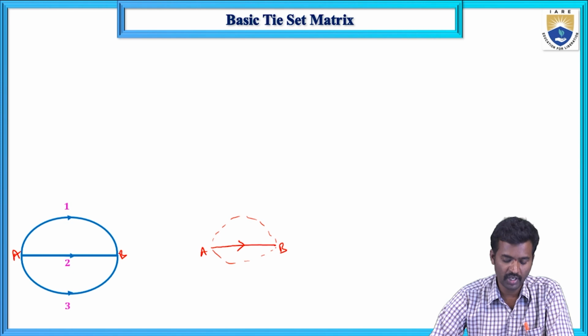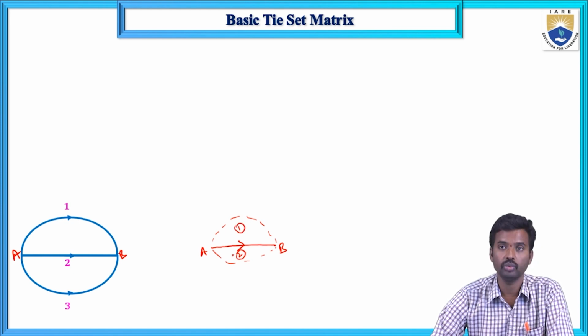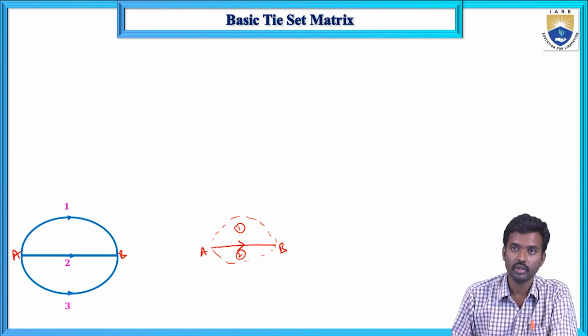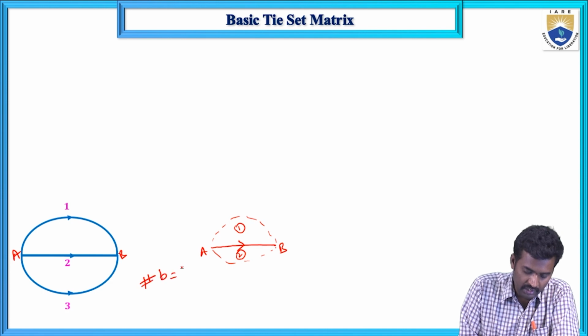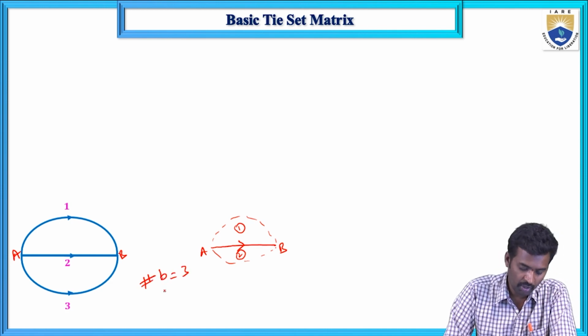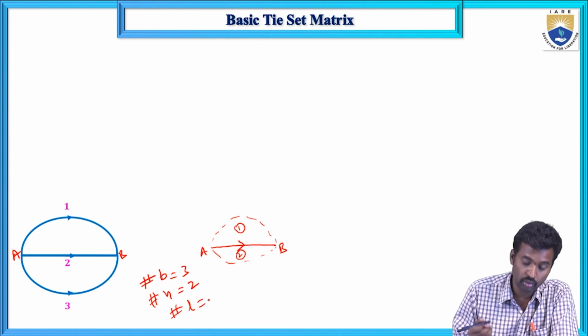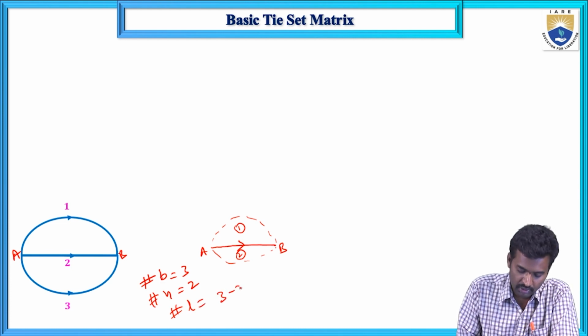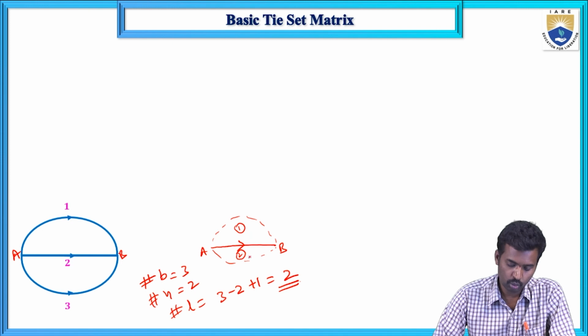Second step: the possible number of F loops here are 1 and 2. Now the matrix size: number of branches here is 3, number of nodes is 2, and number of links L equals 3 minus 2 plus 1, which equals 2, so 2 F loops and 2 links.